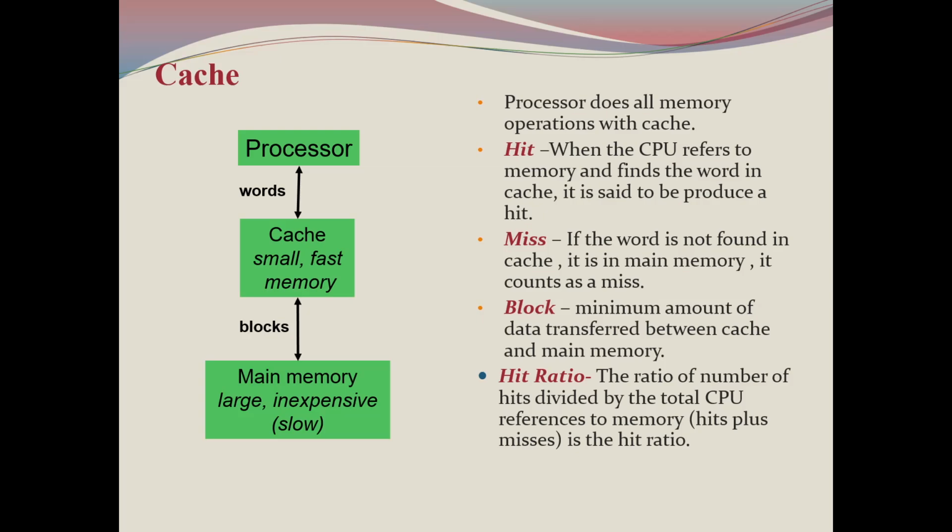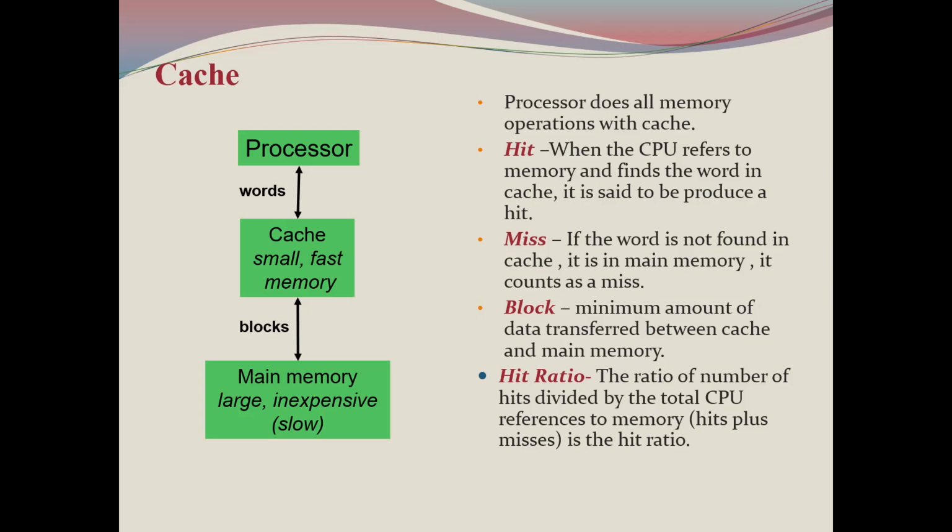The processor does all memory operations with cache. When the CPU refers to memory and finds the word in cache, it is said to produce a hit.